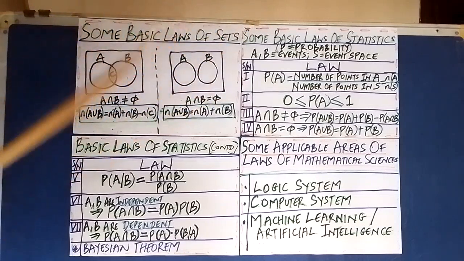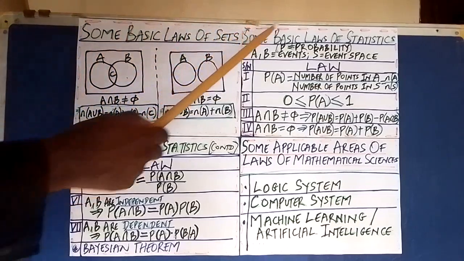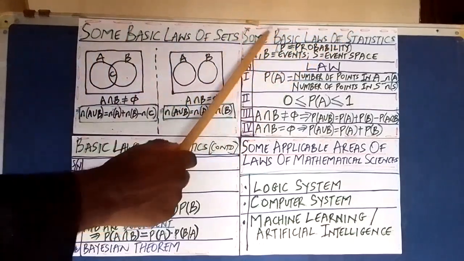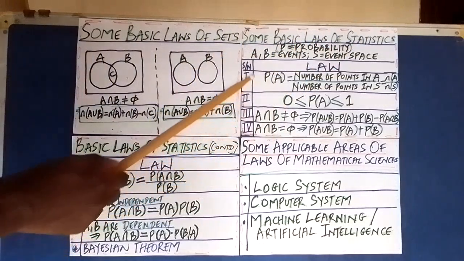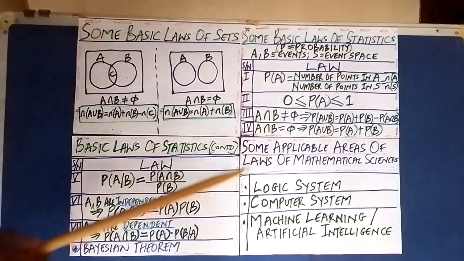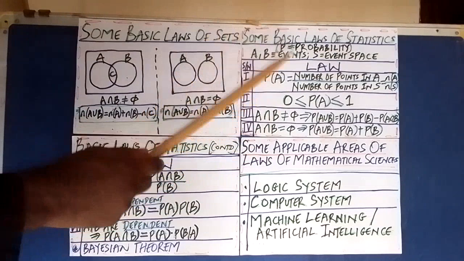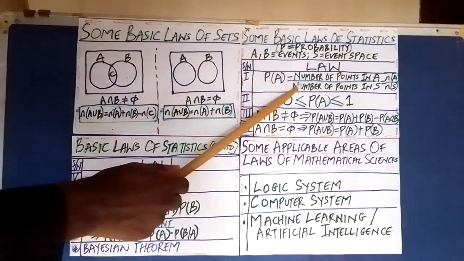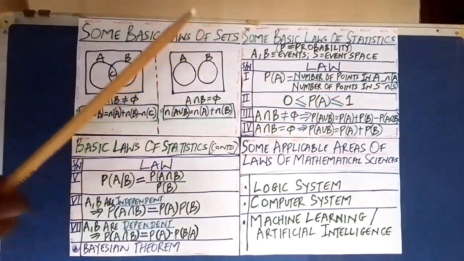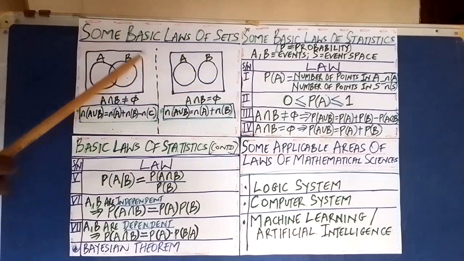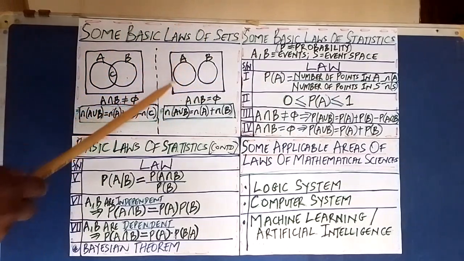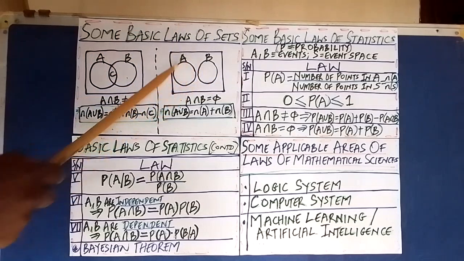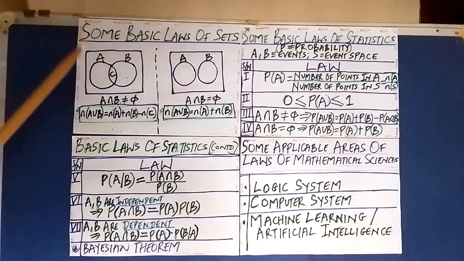Of course, we can't consider all the laws. So let's look at some of the basic laws of statistics. Serial number 1: probability of A is equal to the number of points in A over the number of points in S. For instance, if you look at this diagram, if you want to find the probability of A, let's use the one that doesn't have an intersection.